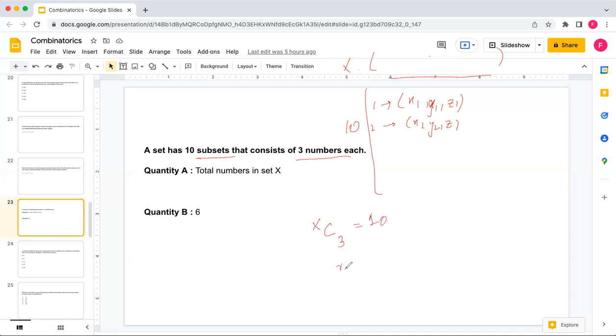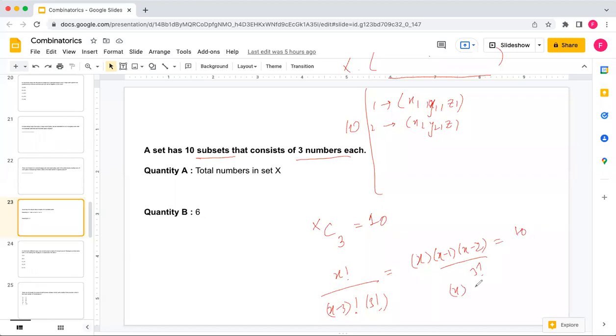Now just open this formula. This will be x factorial divided by (x minus 3) factorial into 3 factorial. Now open this, and you will end up with x into (x minus 1) into (x minus 2) divided by 3 factorial is equal to 10.